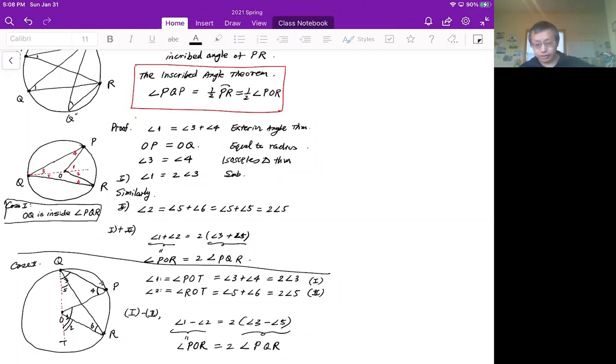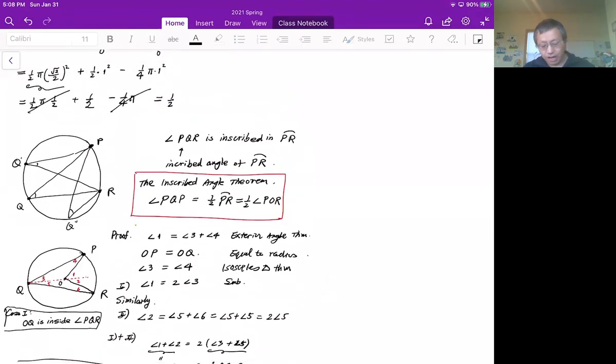Are there any questions? From here, we immediately get a corollary. The corollary will be in the previous picture: if you have a bunch of inscribed angles, as long as they are inscribed angles of the same arc, then they are always the same, right? Does it make sense?